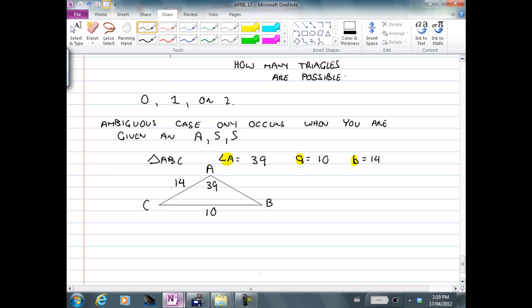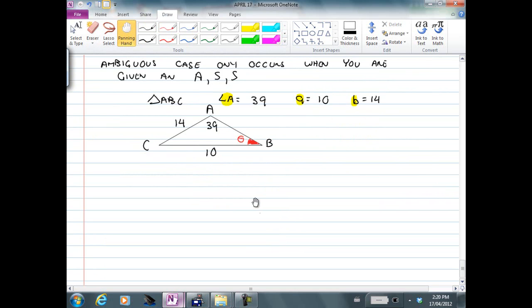The question now is, how many different triangles can I form? In order for you to figure this out, you've got to find this angle B. I want you to find theta right now, please. Just exactly what you did before. Find angle theta. Okay, so set it up. A lot of you went, that's easy: sine theta over 14 equals sine 39 over 10.